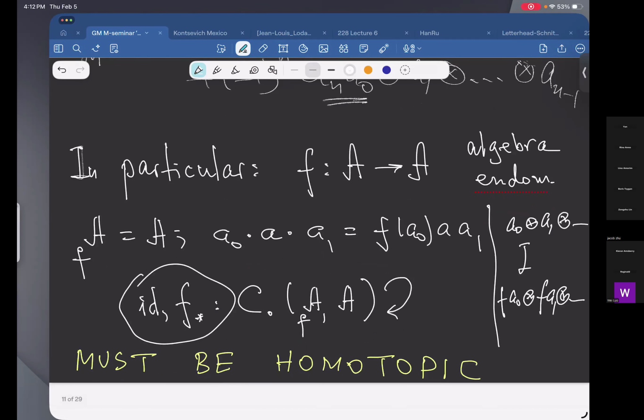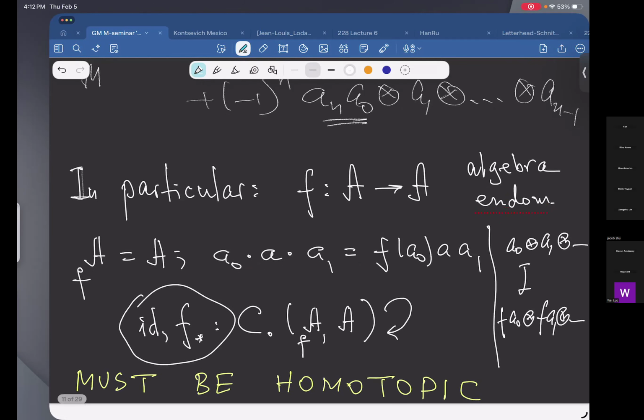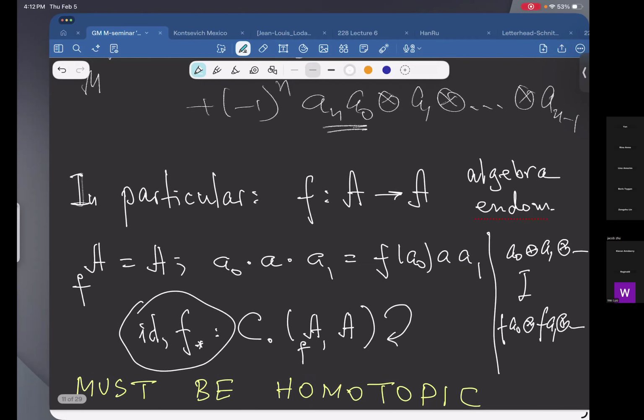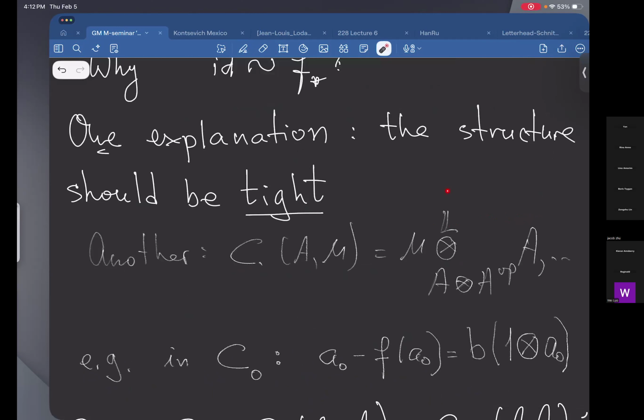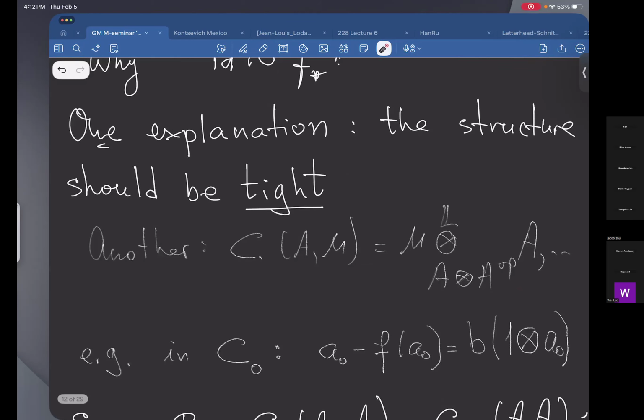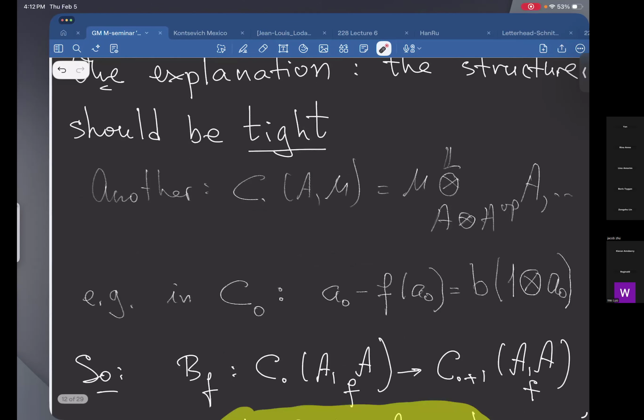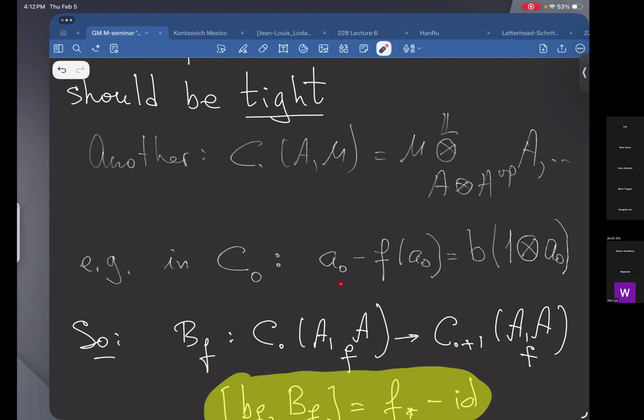How can one see that? One explanation is that if you realize that it's the derived tensor product, it's kind of automatic. And maybe at the zero level, you act on a zero chain: a minus f of a is a differential, it's a differential of one tensor a.